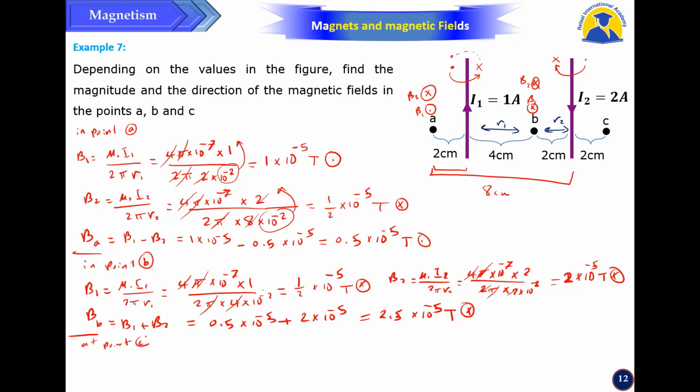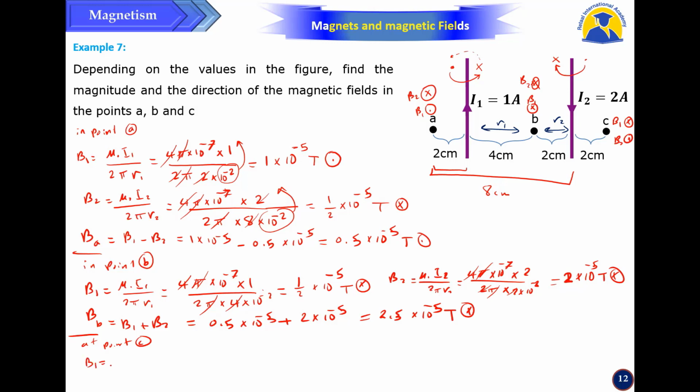At point C. Okay, for point C, let's determine the direction first. From B1 is X, from B2 is dot. So here we need to subtract them. So first let's find B1 and B2.